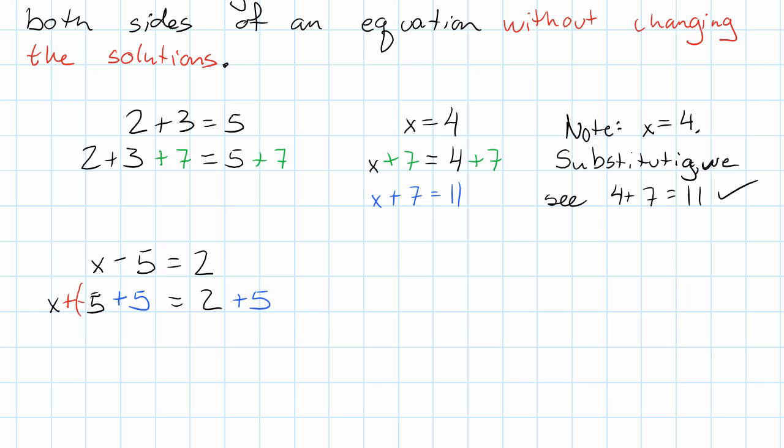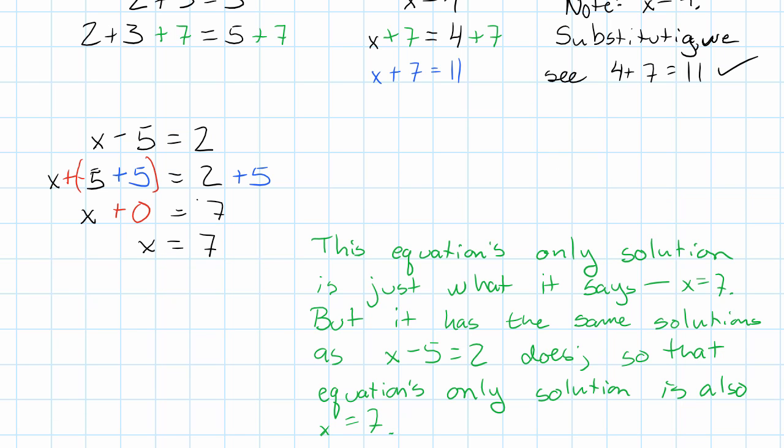And now I can use the associative property to add the negative 5 plus 5. On the left, I just get x plus 0. On the right, 2 plus 5 is 7. I get that x equals 7.